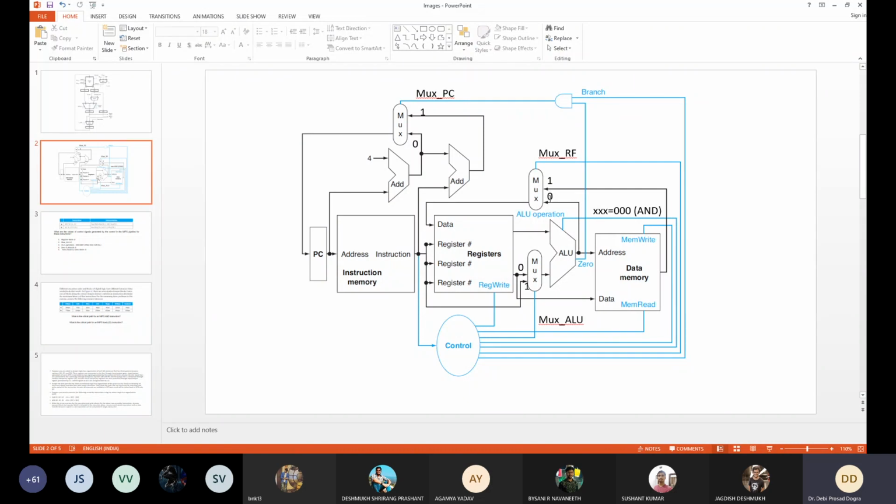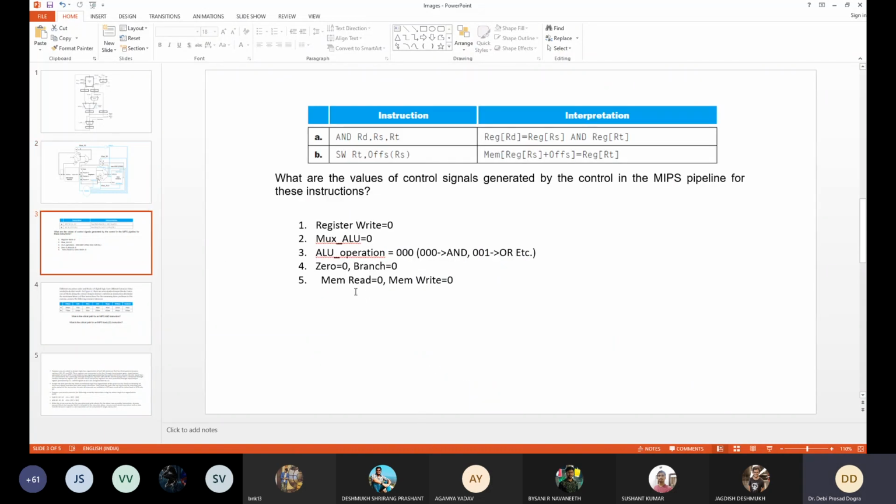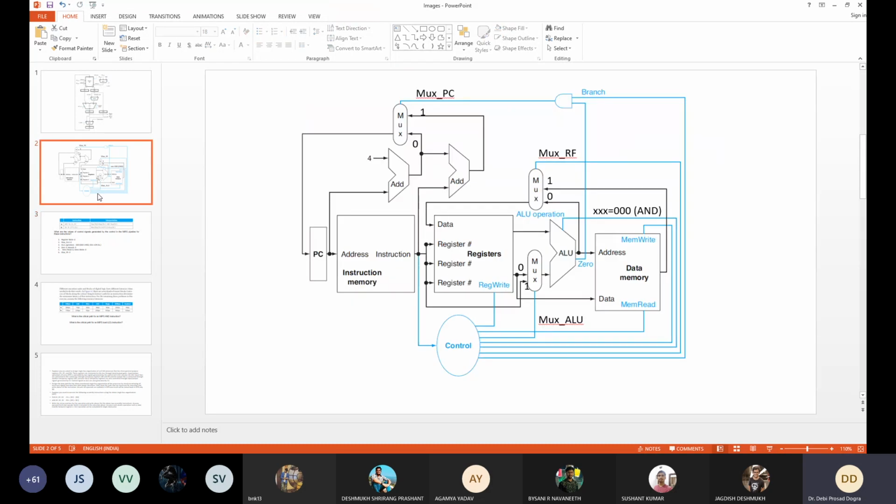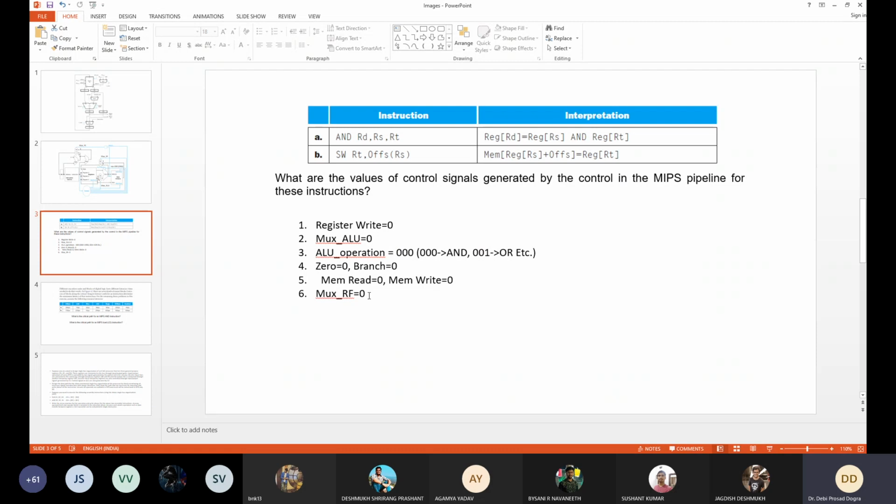Multiplexer RF should be 0, so that this one gets selected. And then finally the value is written here.